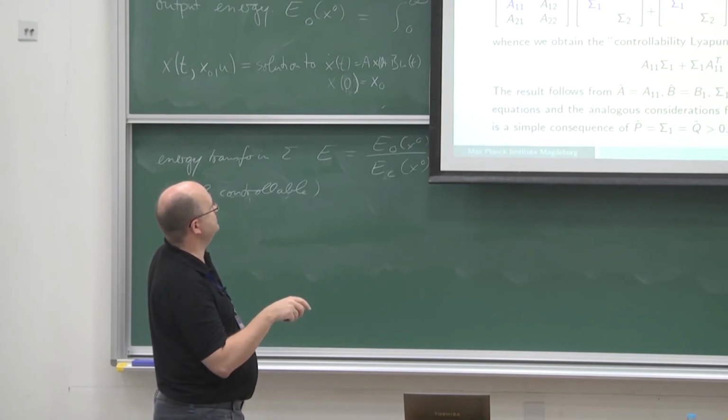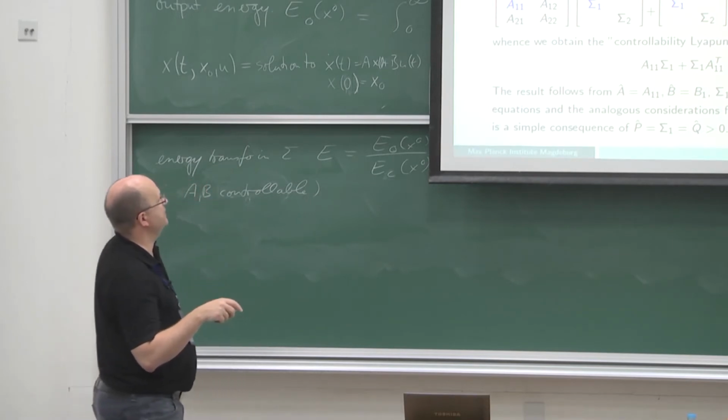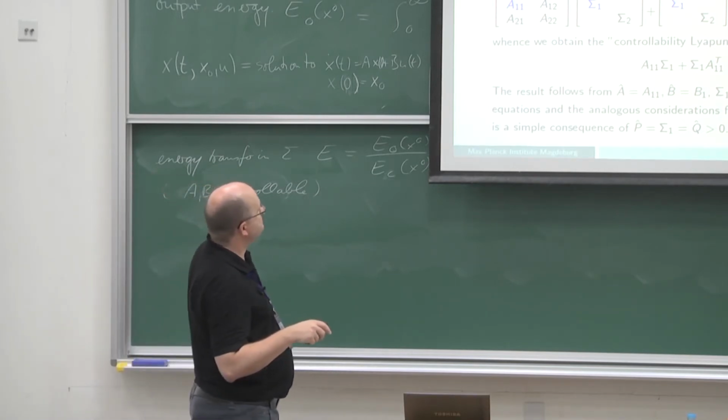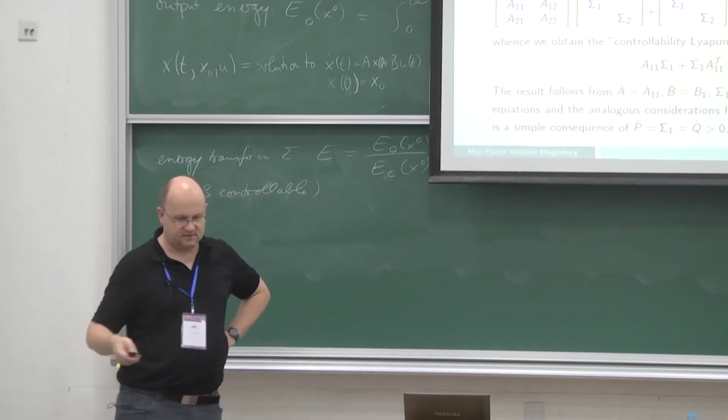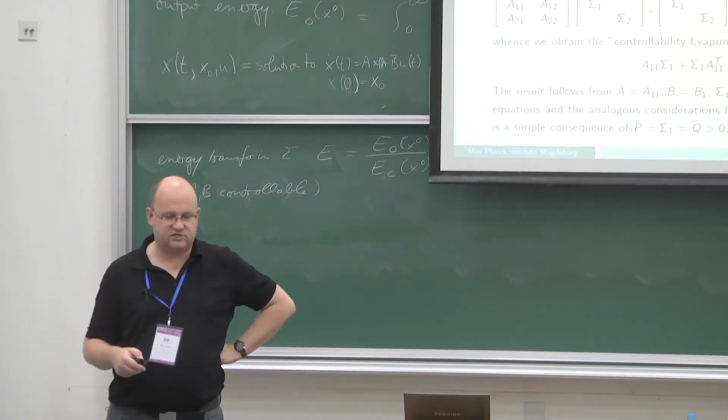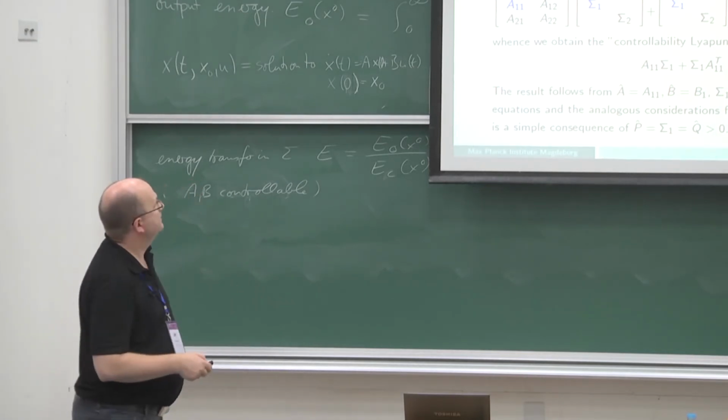So sigma 1 is the controllability gramian. In a similar way, sigma 1 also satisfies the observability Lyapunov equation for the reduced order model.